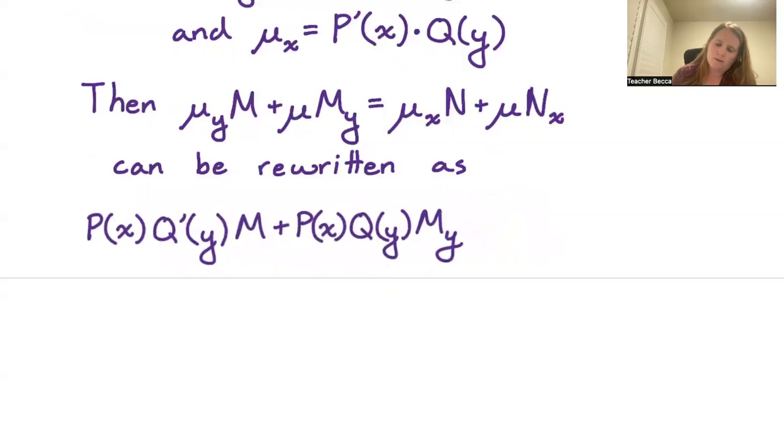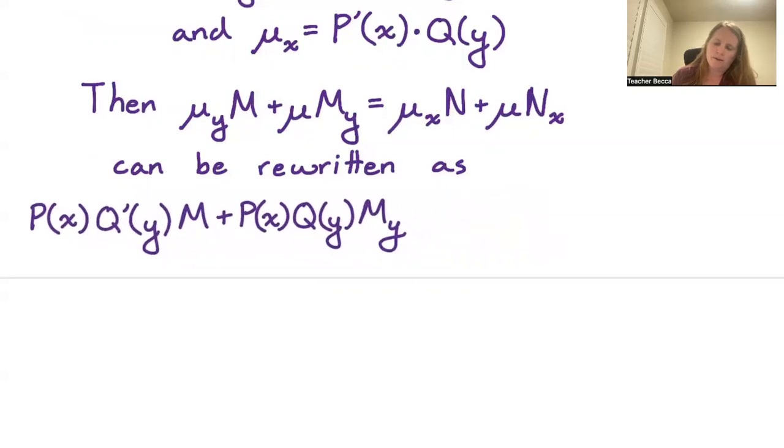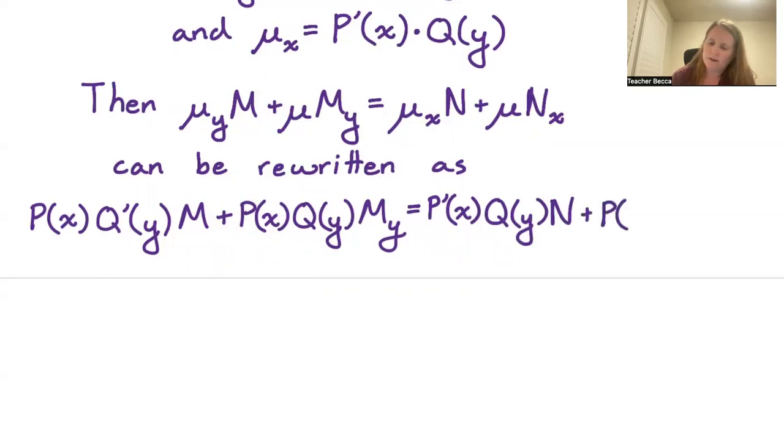I'm going to shift this whole thing to the side in hopes I can write this all in one line. Then we have mu_x is P prime of x times Q of y, multiplying M. And to that we add mu, which is P of x times Q of y, multiplying N_x.